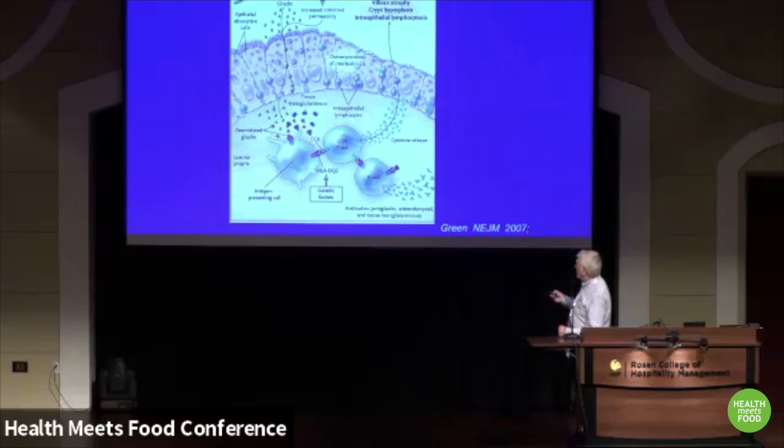It will deamidate these gluten molecules, which then allow them to sit in the groove of this HLA molecule on antigen-presenting cells, and then it sets off this inflammatory cascade that releases cytokines that cause villus atrophy and inflammation and antibodies that we can measure in the blood.